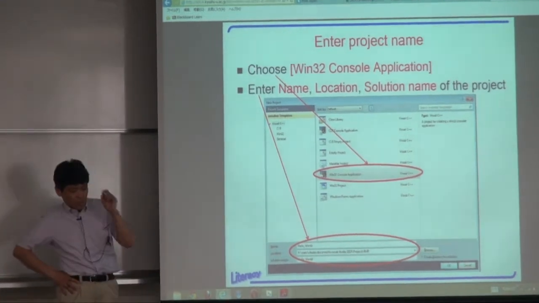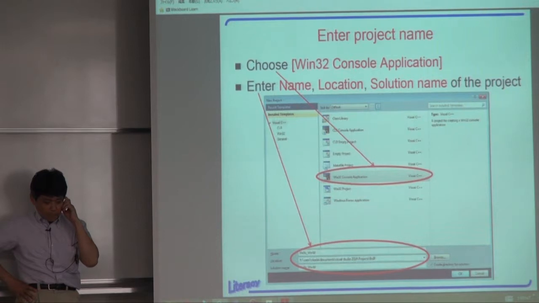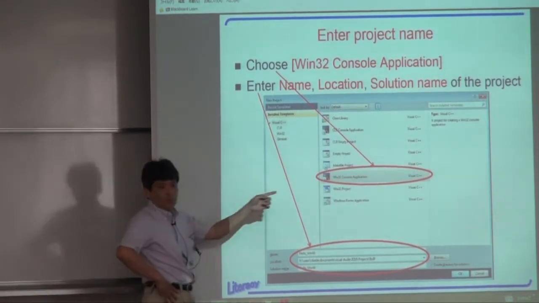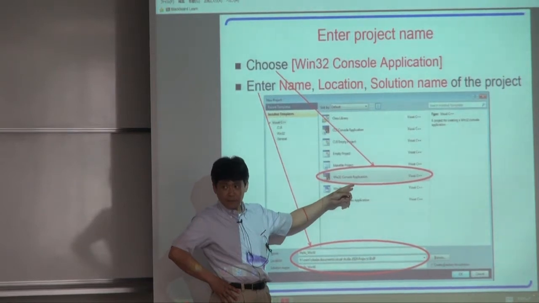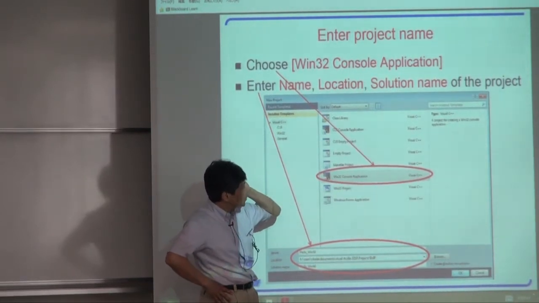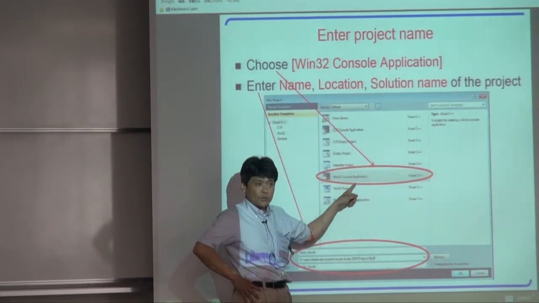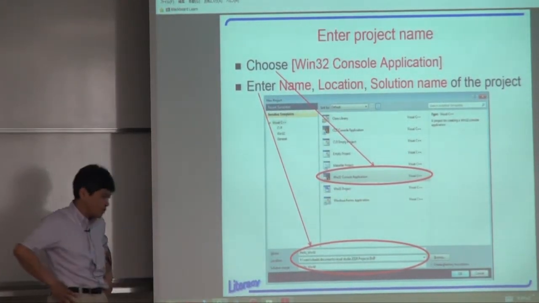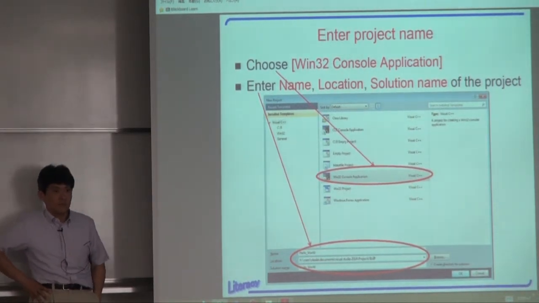In this class, your program is a console program, a console application. So you have to choose the Win32 console application. The console application means your program doesn't need a Windows system.